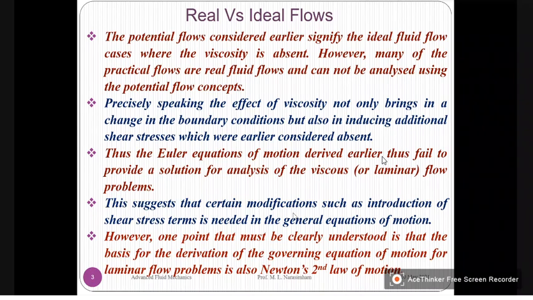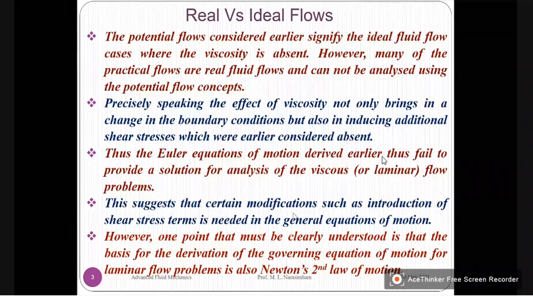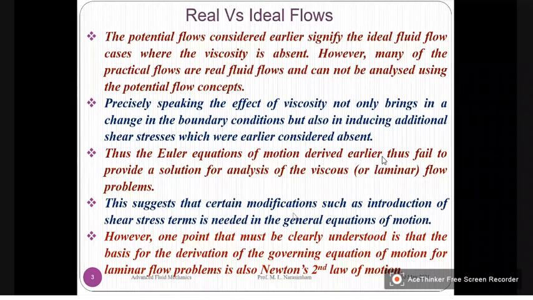Precisely speaking, the effect of viscosity not only brings in a change in the boundary conditions, but also in including additional shear stress, which were earlier considered absent. In the case of ideal fluid flow, shear stresses are considered absent. Thus, the Euler equations of motion derived earlier fail to provide a solution for analysis of the viscous flow, which is also called as laminar flow problems.